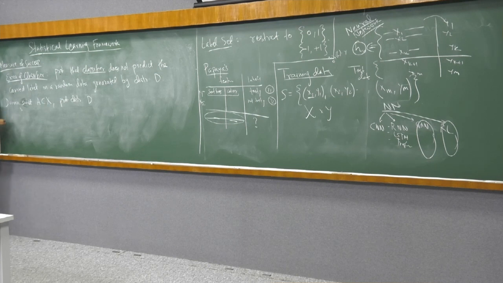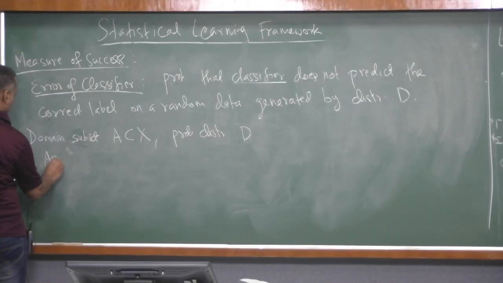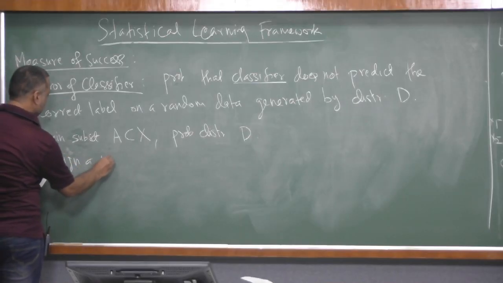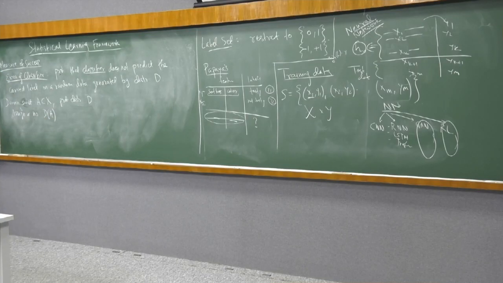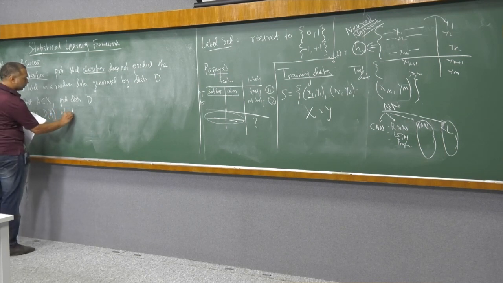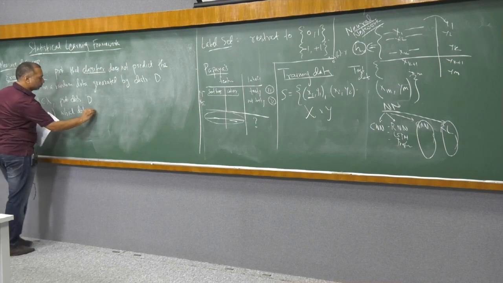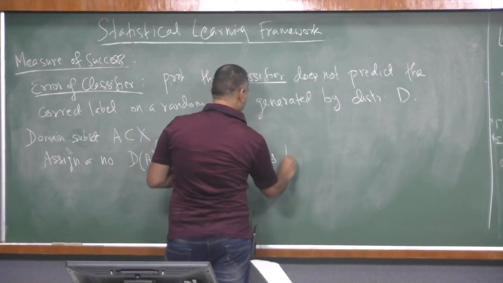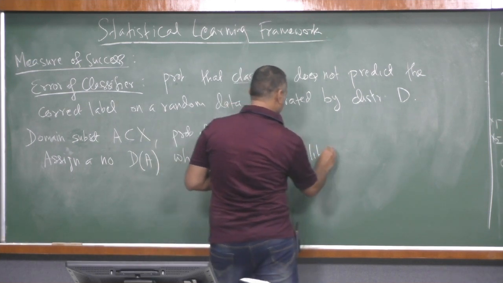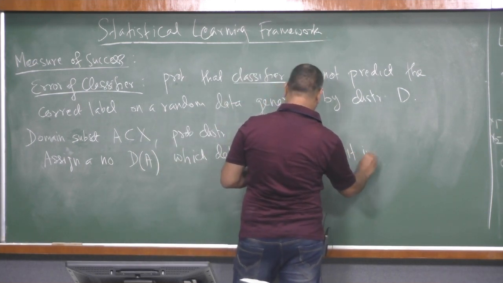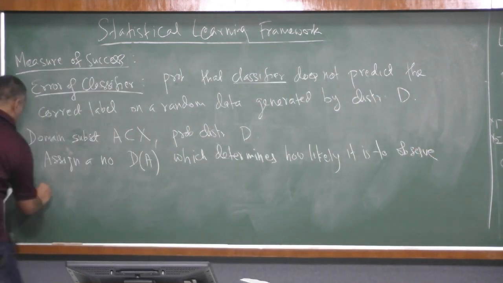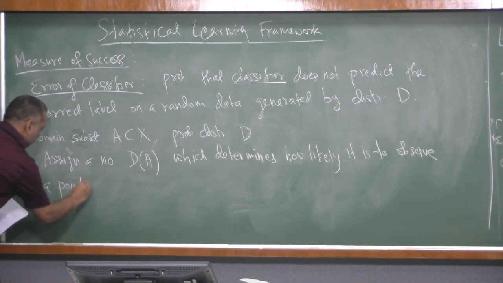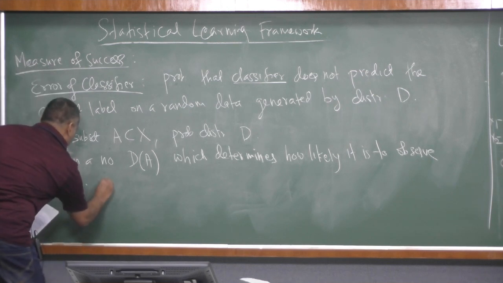We have also defined, so let us say define a number dA, which determines how likely it is to observe a point x in A. So we have these notations that we will need in the proofs.